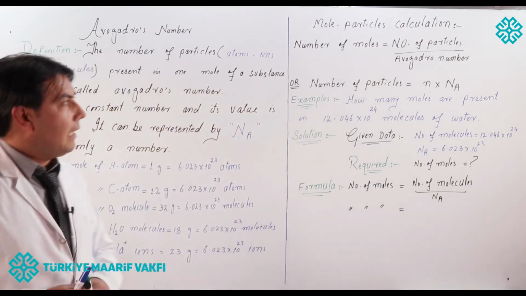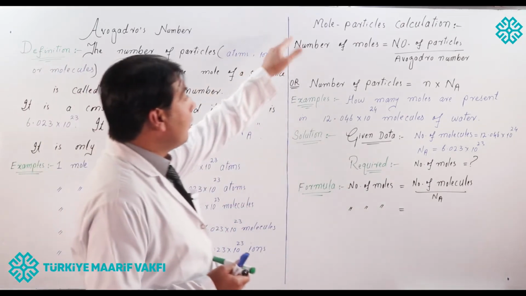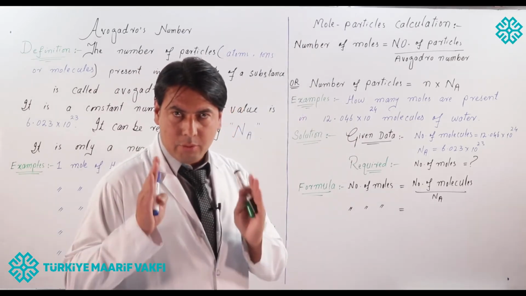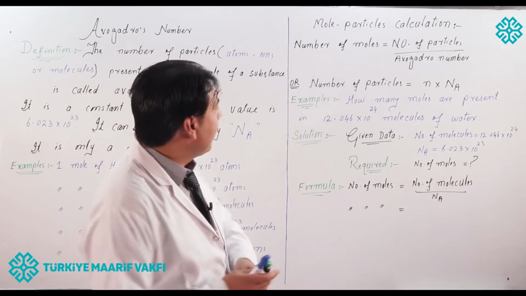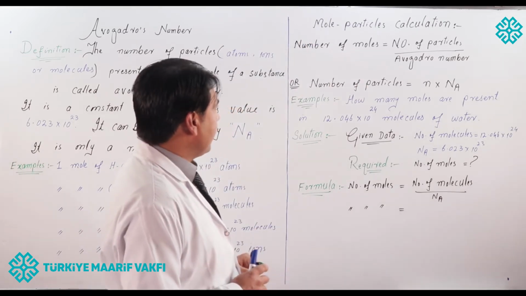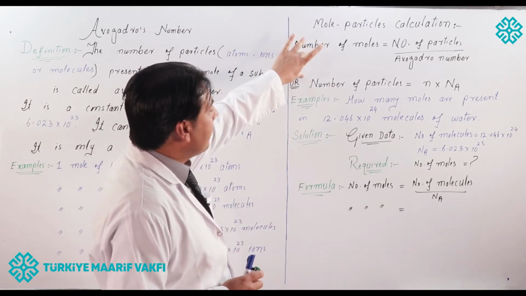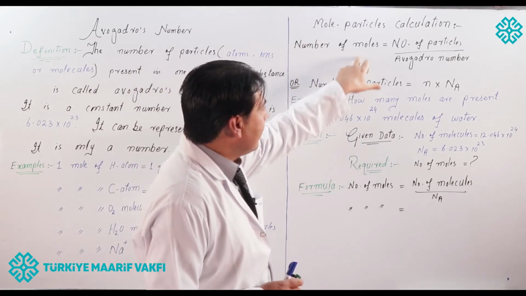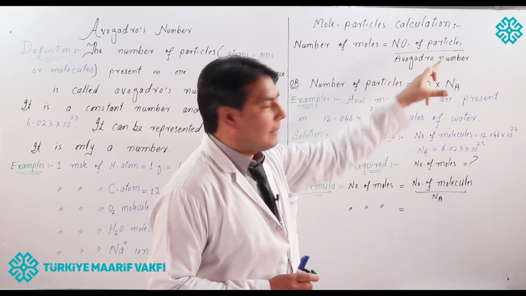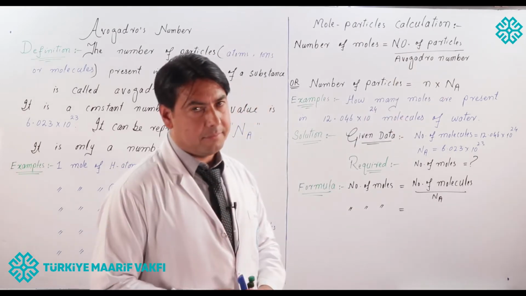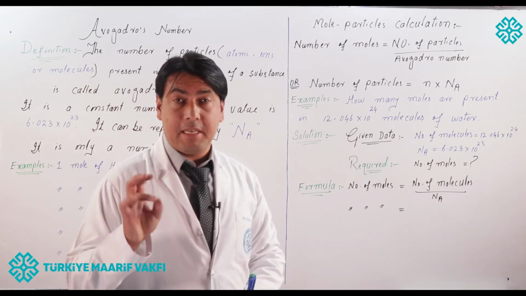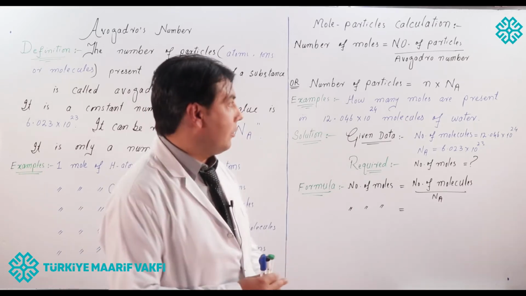So now we are coming toward the mole particle calculation. If you have any question, okay. There are two formulas for mole particle calculation. First, number of moles is equal to number of particles divided by Avogadro number. The particles may be atoms, ions or molecules.